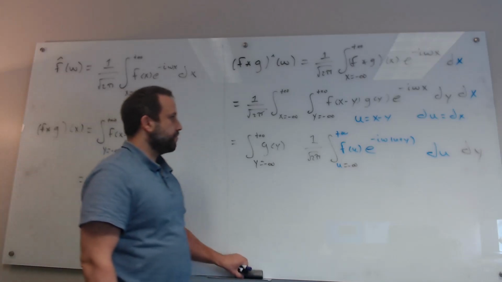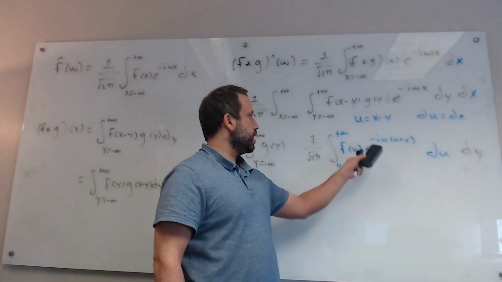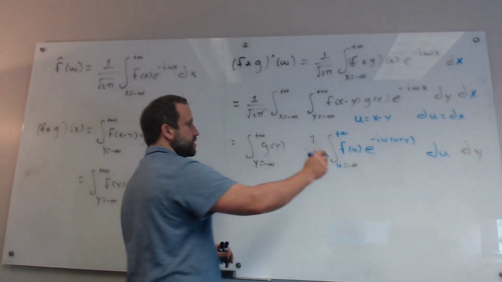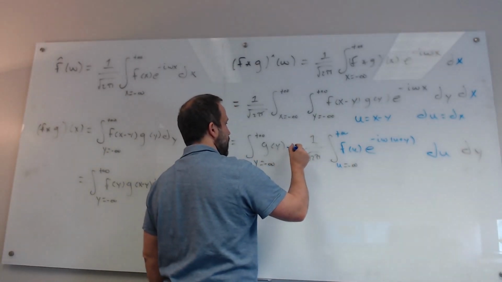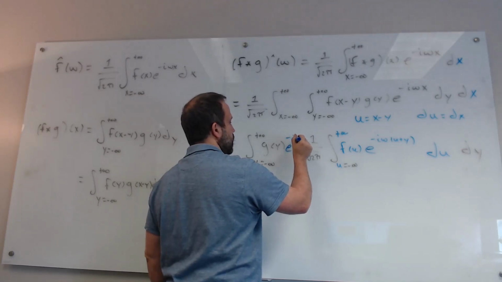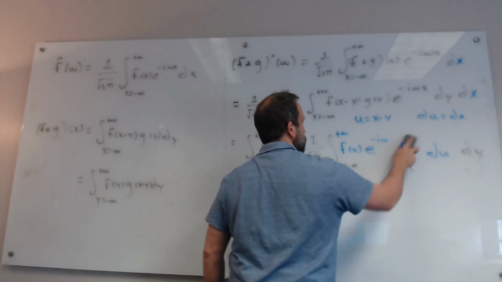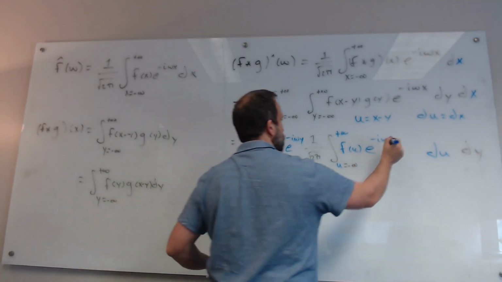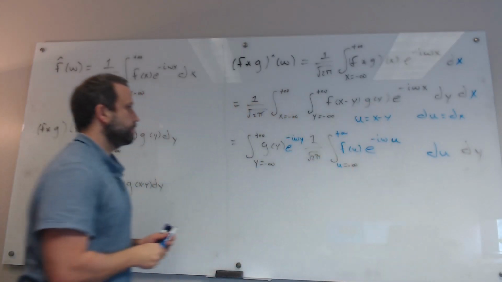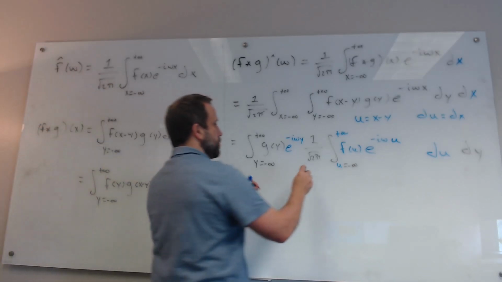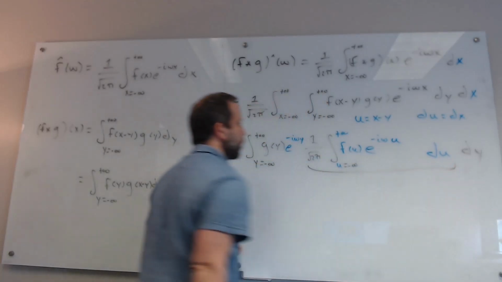Now notice as far as u is concerned, i omega y is a constant. So I can actually factor that out. So I can write this as e to the minus i omega y, and this is just going to be left with e to the minus i omega u. Okay, so now what I have, this guy right here, that's just the Fourier transform of f.